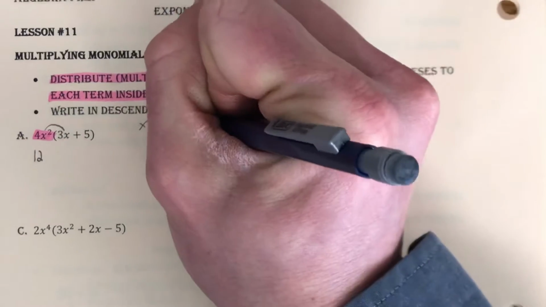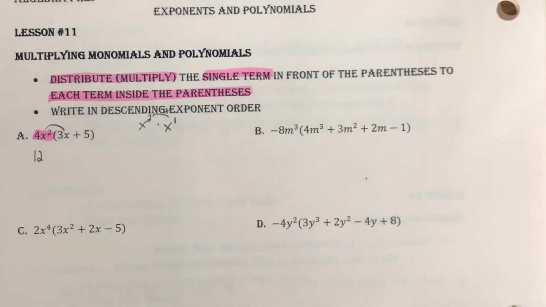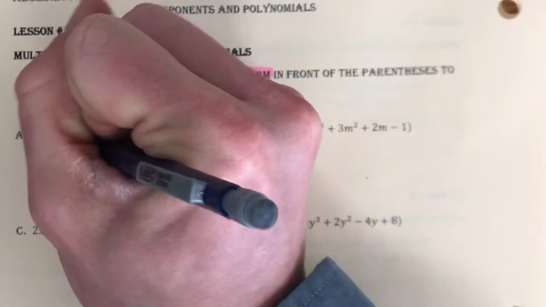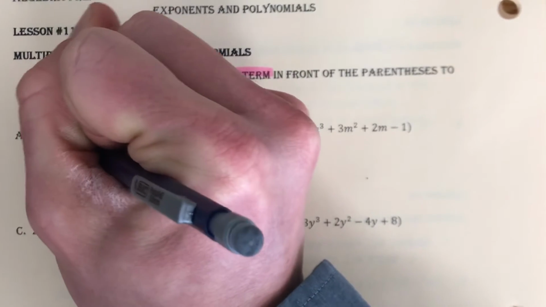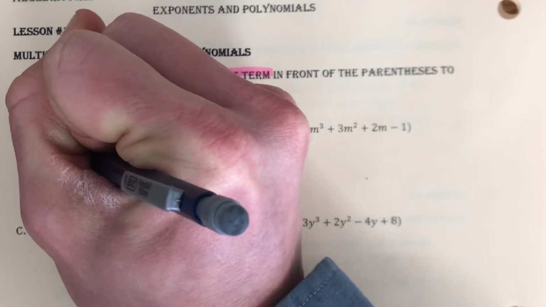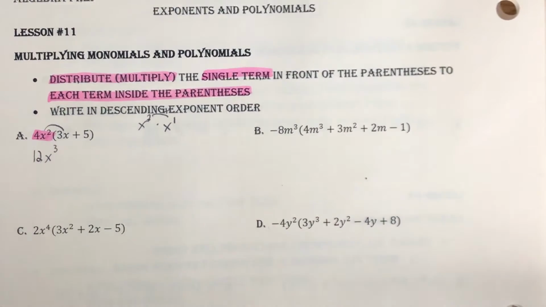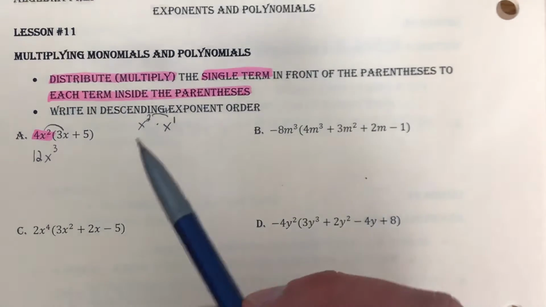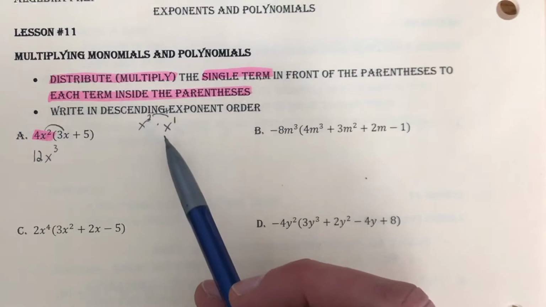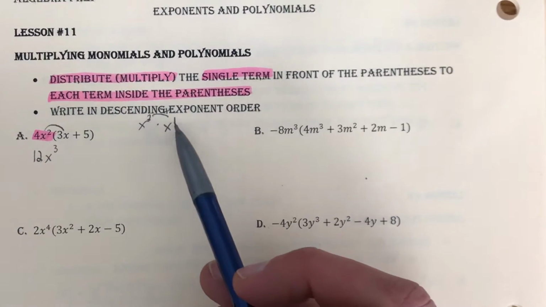So we add that 2 plus 1, and we should end up with 3. So we should end up with 4 times 3 is 12, and x squared times x is x to the third. So again, that's the product of powers rule, which says if we have the same base, we add the exponents when we are multiplying them. So x squared has an exponent of 2, x had an exponent of 1, and 2 plus 1 is 3.